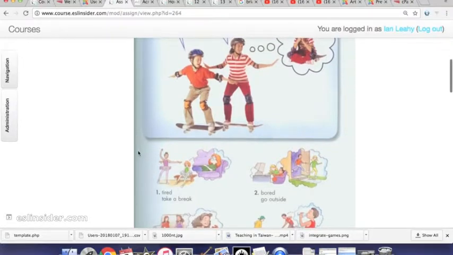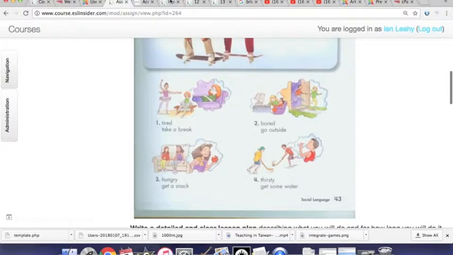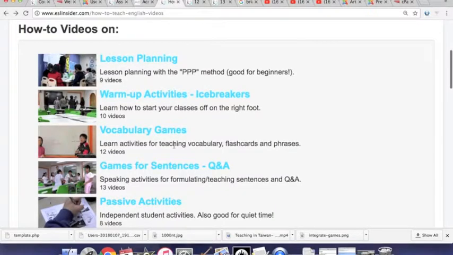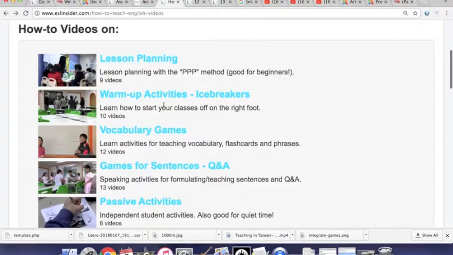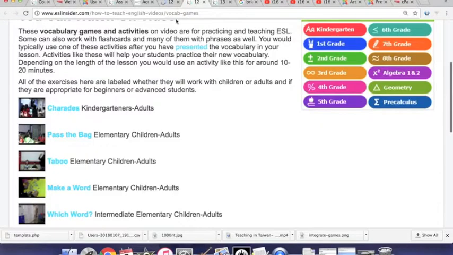All right, so after you do some drilling with this material here, you've got to choose an activity. If you're just going to do those words like tired and hungry, go outside, get some water, those are basically vocabulary words or phrases. So you'd use one of these activities.